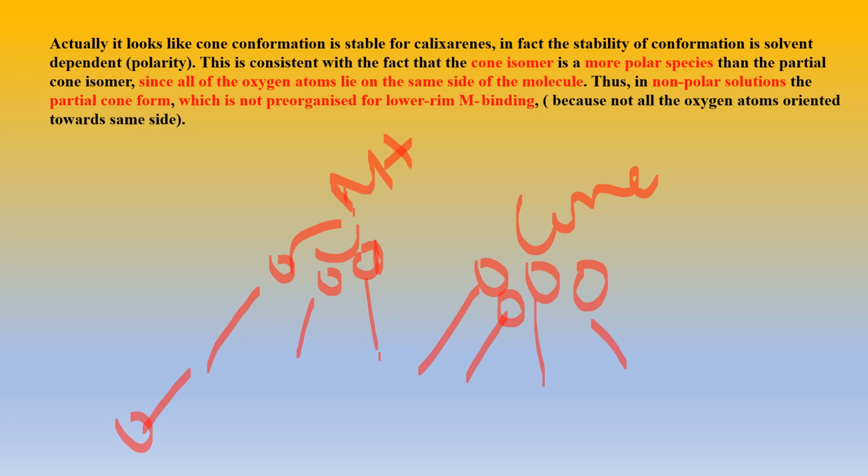Metal ions cannot effectively bind to these three oxygen atoms, but with four oxygen atoms in the complete cone structure, the metal ions can bind effectively. In the partial cone structure, the metal binding ability is very low due to less pre-organized oxygen atoms.